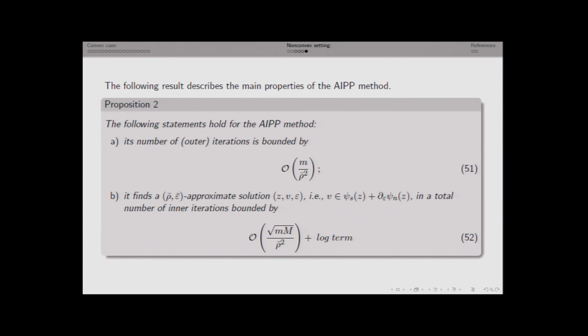So the epsilon is here in the non-smooth part, the v is the residual, and the epsilon can also be seen as a residual, and we measure v and epsilon, and the number of iterations required up to a tolerance is given by this: the square root of big M over little m. So this is what we are interested in, because if this big M is very large compared to little m, this scheme seems to be better than the ones that have been proposed in the literature for solving this problem.